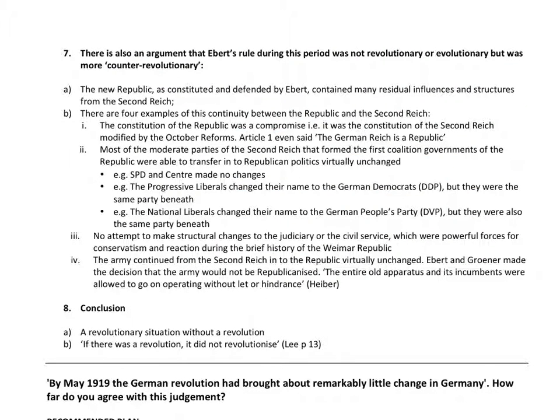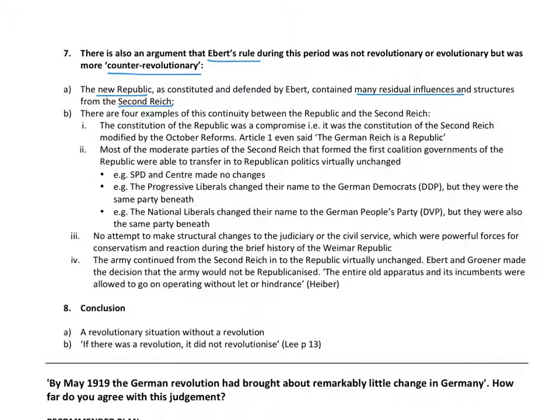Okay, and then finally, Lee moves on. Having pretty much established that after the failed Spartacus uprising, which in itself arguably was not revolutionary, Germany then moved into an evolutionary path rather than a revolutionary path, Lee then proposes that you could take it even further and argue that Hebert's rule as President of Germany from January 1919 to May 1919 was actually counter-revolutionary, in the sense that arguably the new republic was simply the old Kaiserreich rebranded.